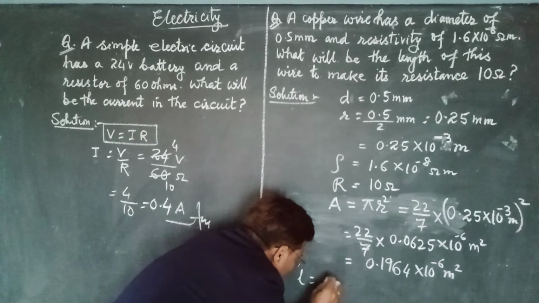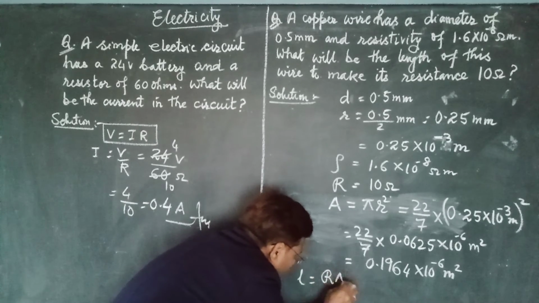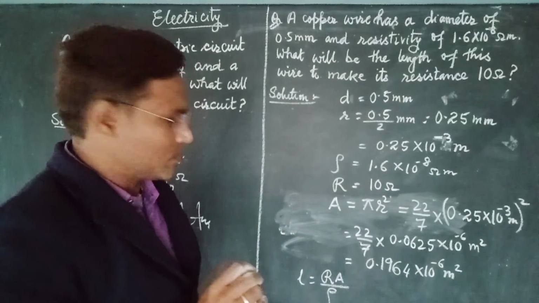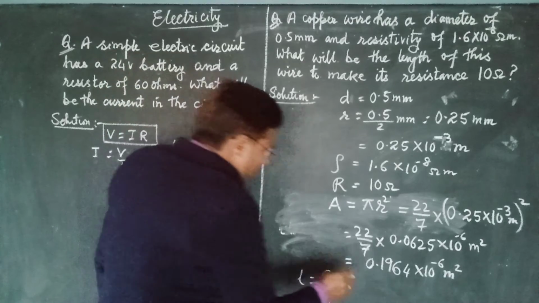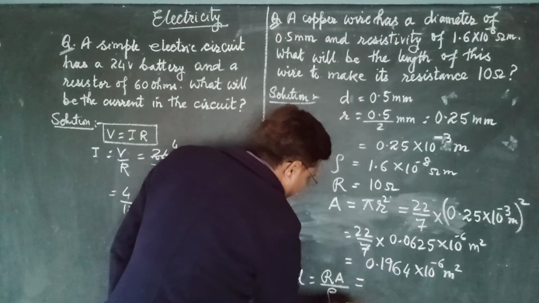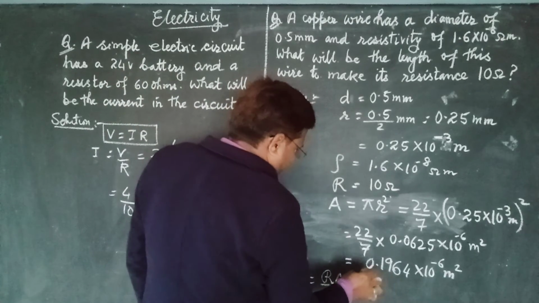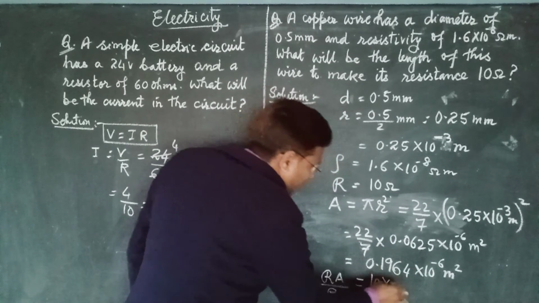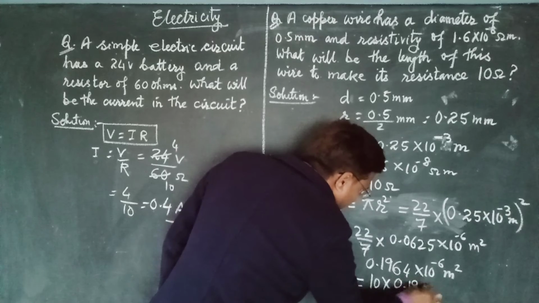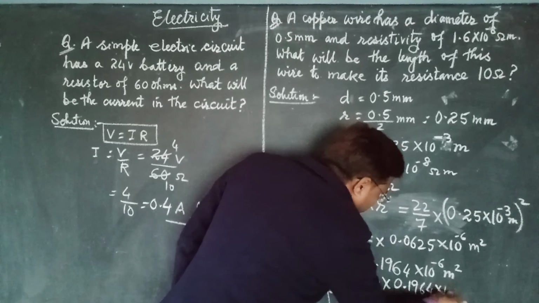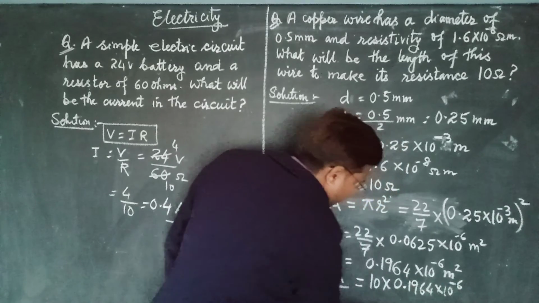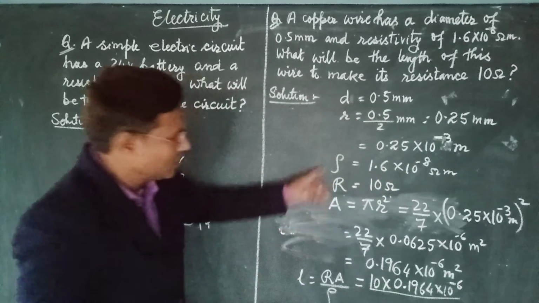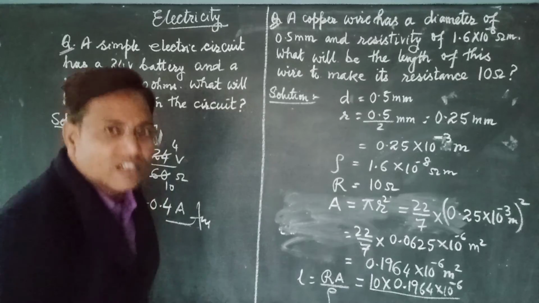L is equal to RA by rho. Is it visible at the bottom? Yes, visible. So I am writing this part. R is 10, area of cross section we have got 0.1964 into 10 to the power minus 6, divided by 1.6 into 10 to the power minus 8.